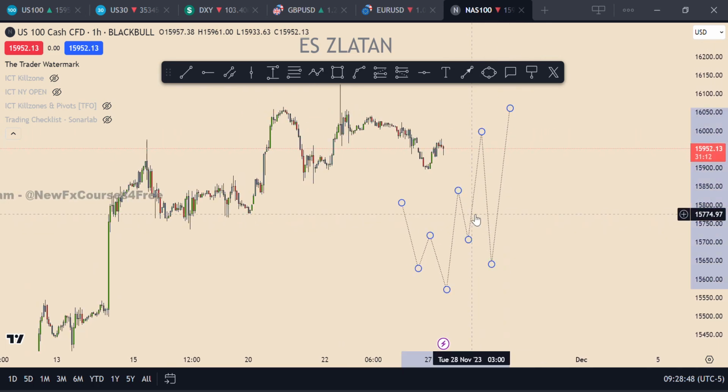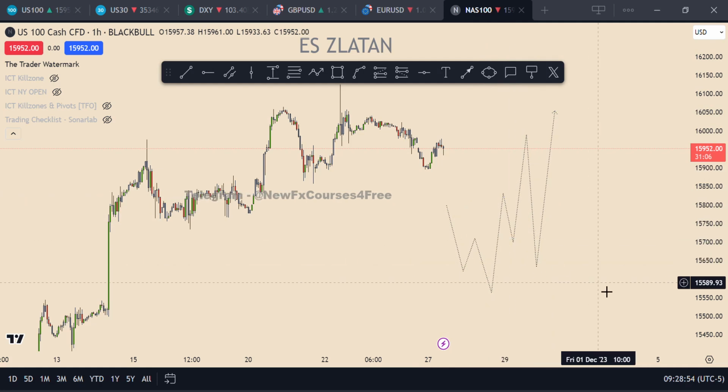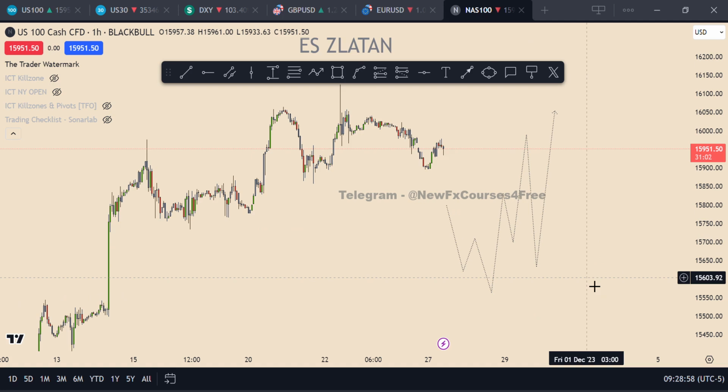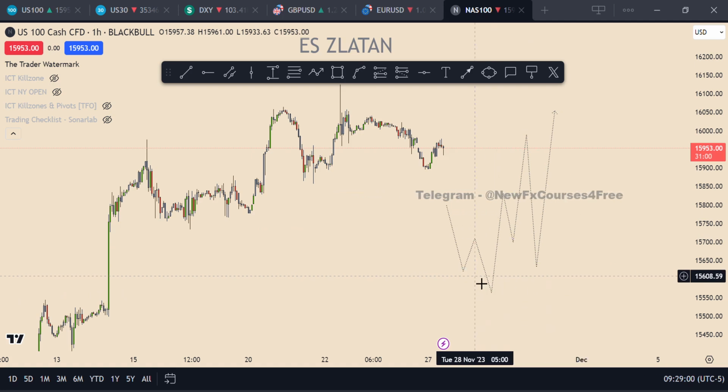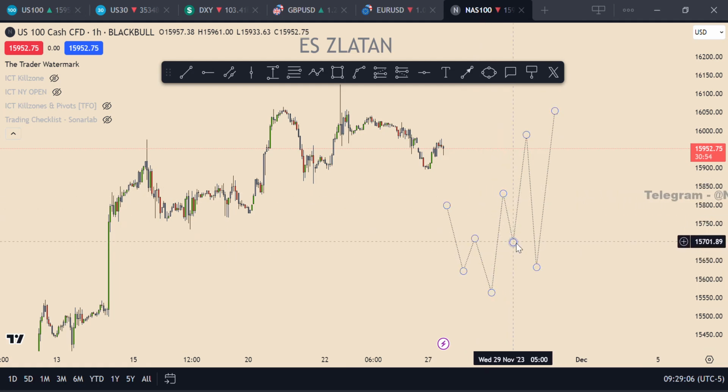Now this might not be as clean as this on the chart, but then you have to spot just two things. Where did we take out liquidity? When we expanded, did we create an inducement? Those are the two things you have to spot: liquidity and inducement.